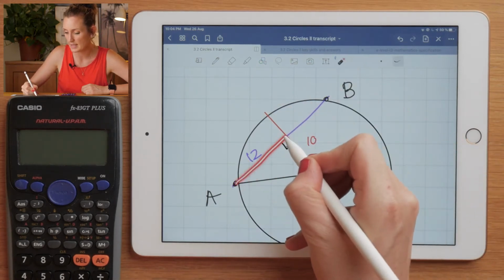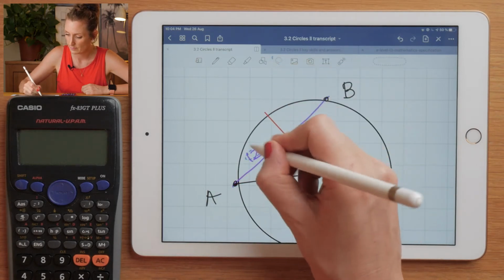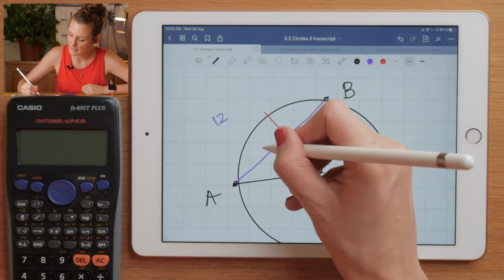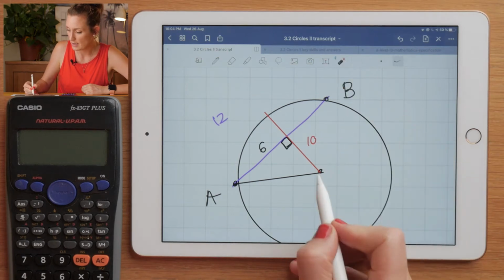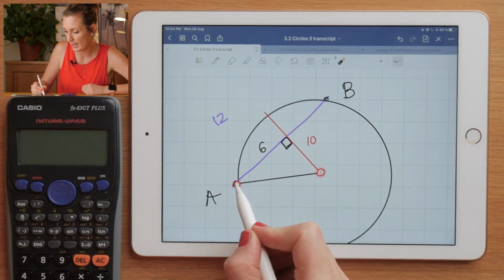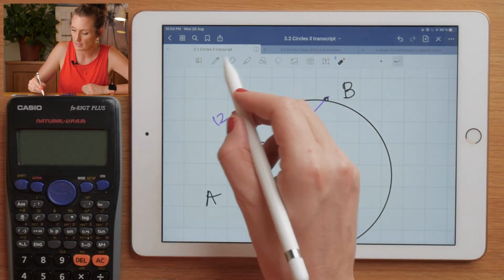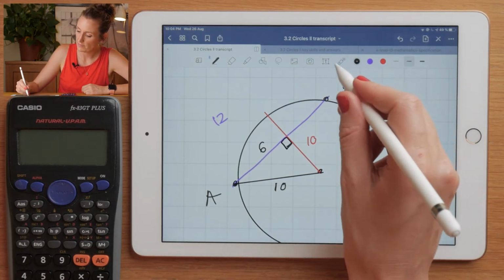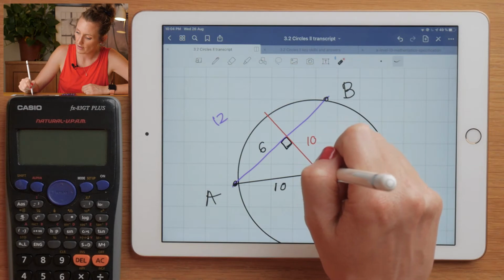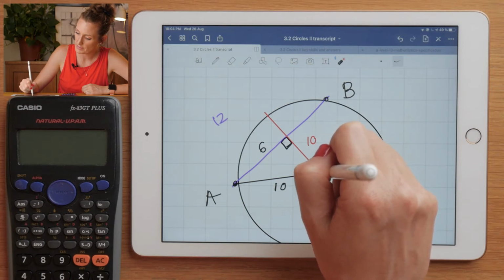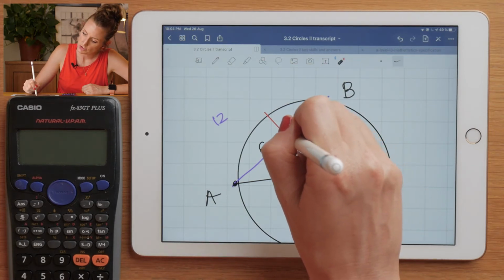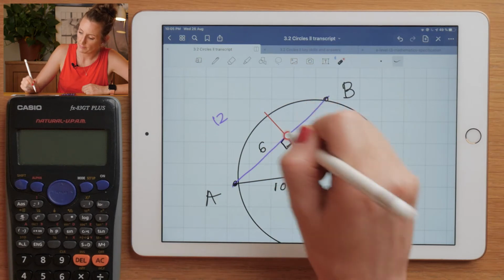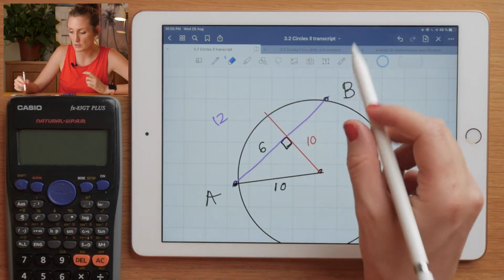So I know that this length here has to be 6 because half of 12 is 6. So that has to be 6. Now from the center to the point A, it has to be 10 because that's the radius, right? So that's 10. So what I can do is find x, the distance from the center to the midpoint of AB. Now, I know you're saying, well, that's not the distance we want.